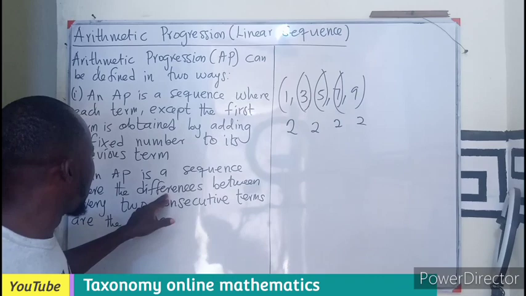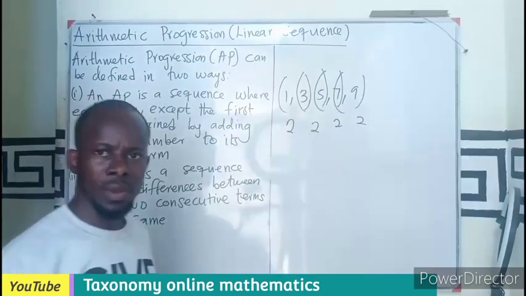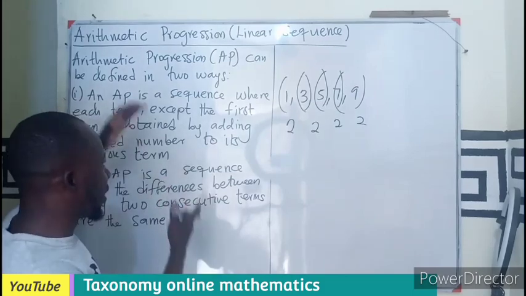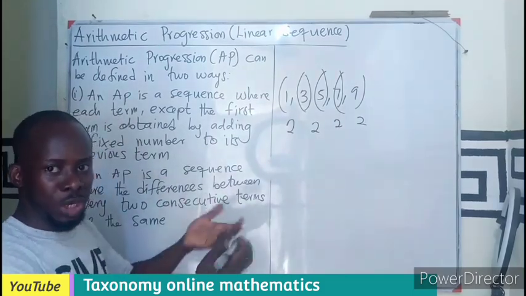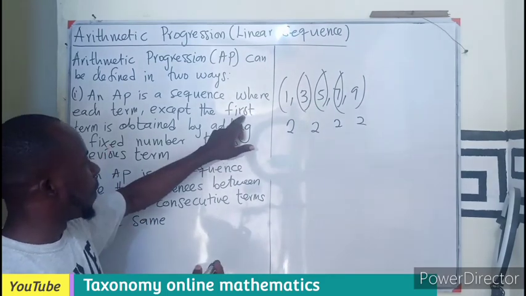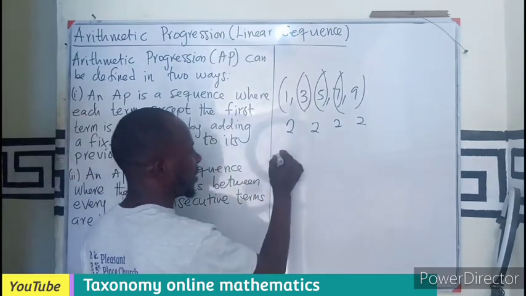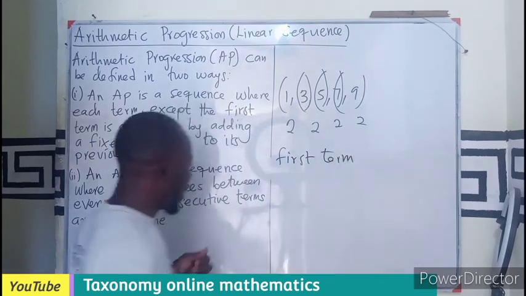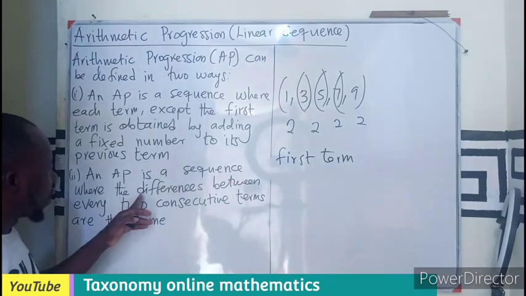So the word is the difference between the two terms. So now let's see. You can see that from these two definitions, we can deduce some terms. First term, so we can take a first term. We can also take a term from here as what?